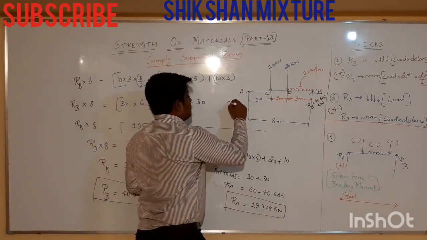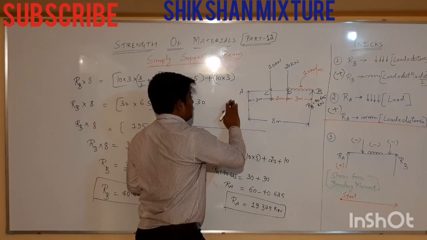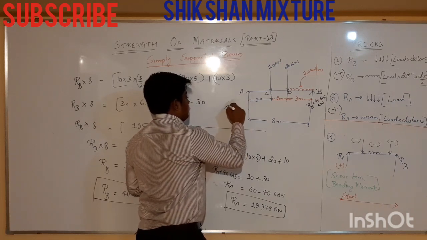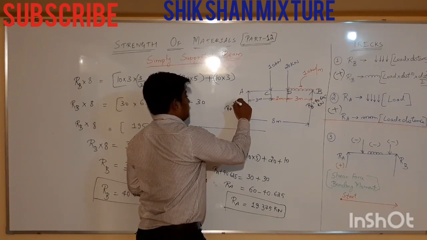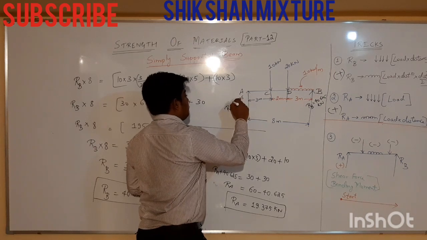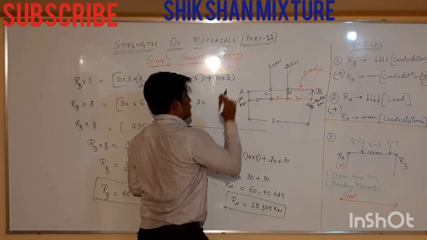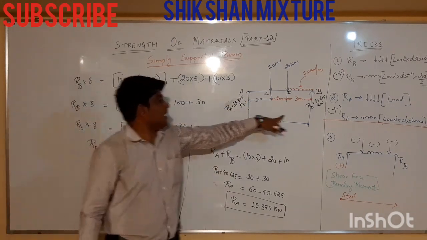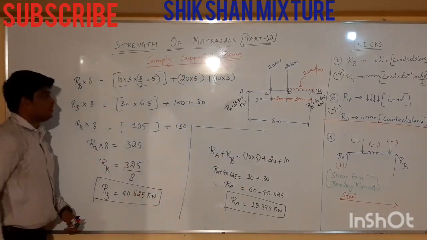I got RA as 19.375 kilonewton. You need to write RA and RB. Both I got here. Note this.